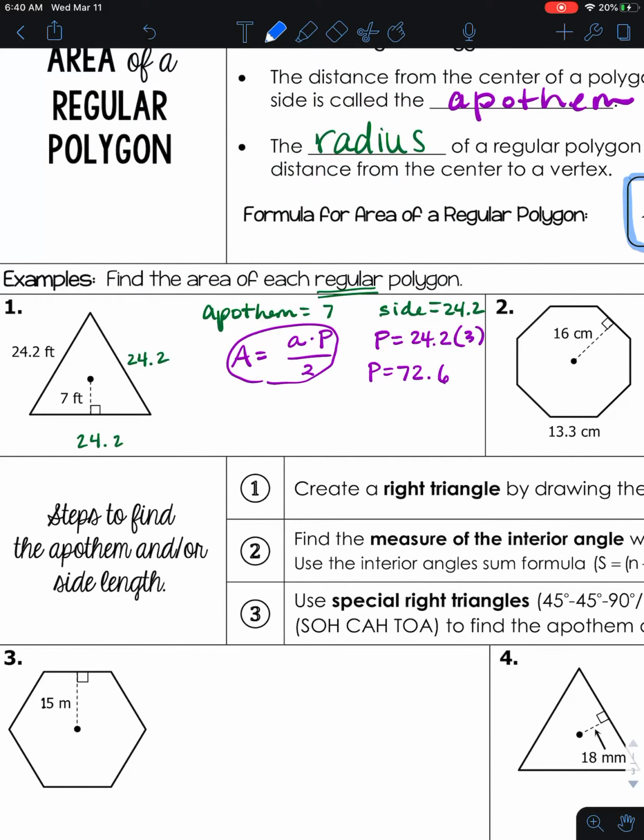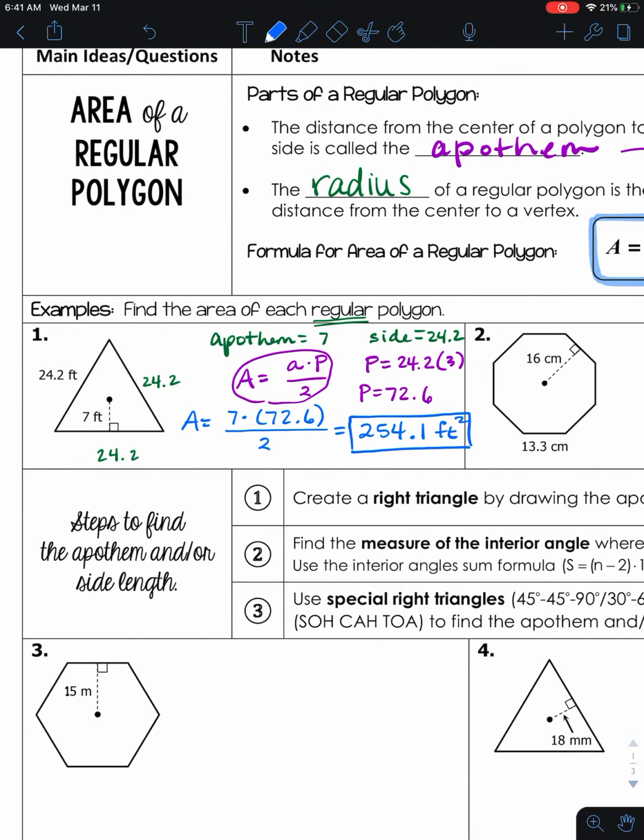The apothem is 7. The perimeter is 72.6. Multiply those and divide by 2. Your answer should be 254.1, and that's feet squared, remember, because we're talking about area.